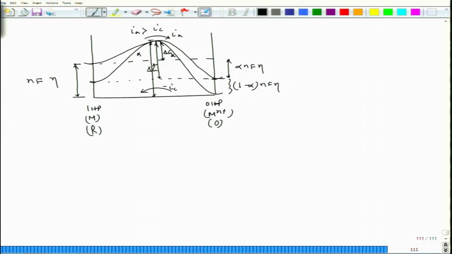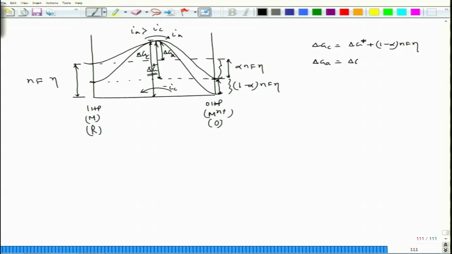This is delta G C, and delta G C is equal to delta G star plus (1 minus alpha) n F eta. So, this plus this much, whereas delta G A is equal to delta G star minus this much.